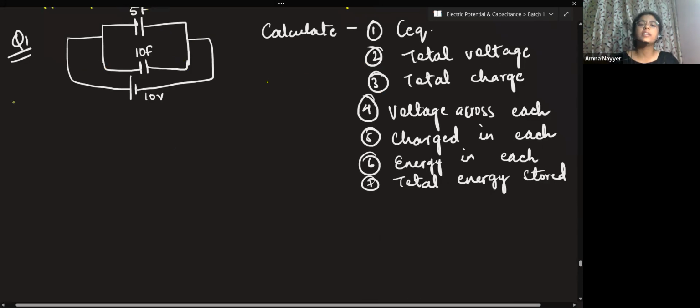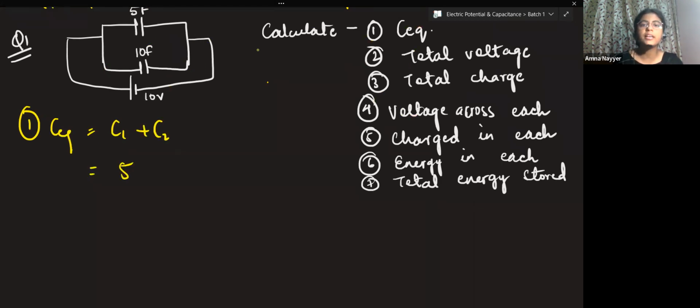C equivalent is very easy. C equivalent is what? C1 plus C2. C1 is 5. This is the charge across the first one. Fifth answer is charge in each.